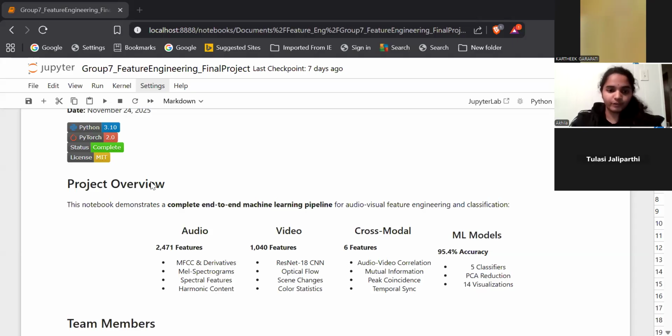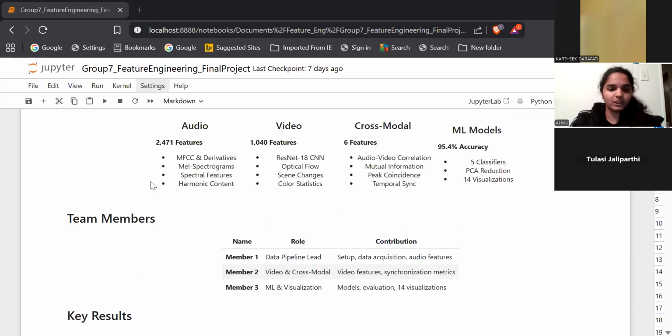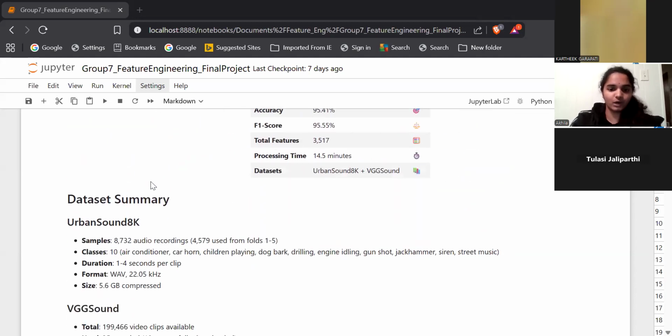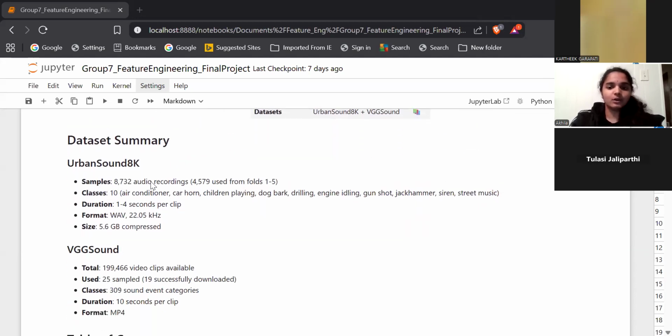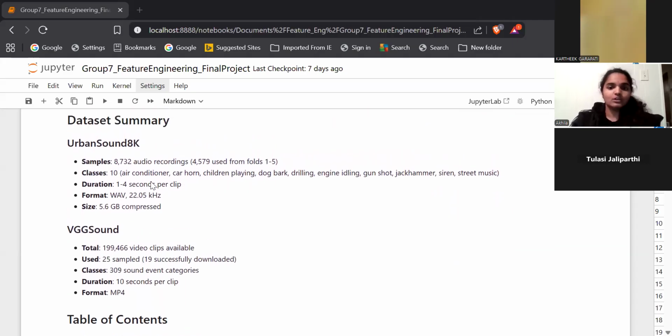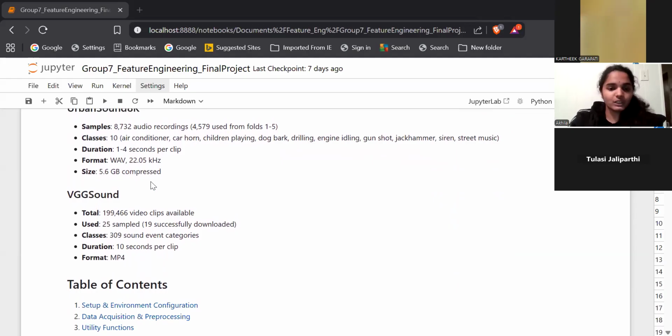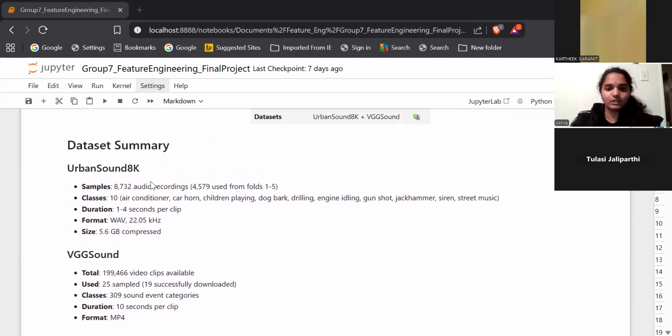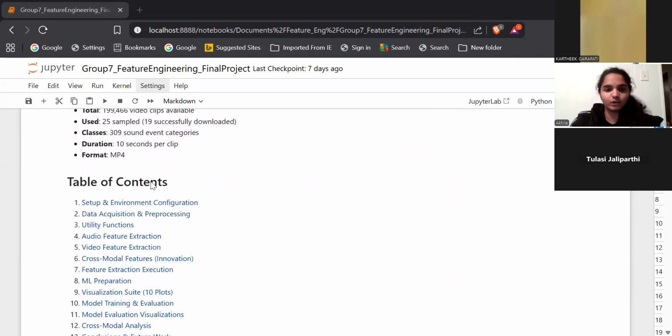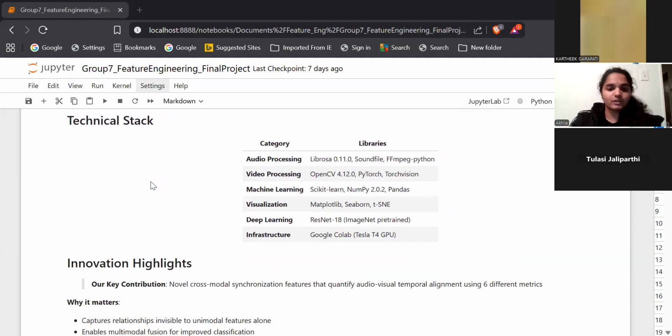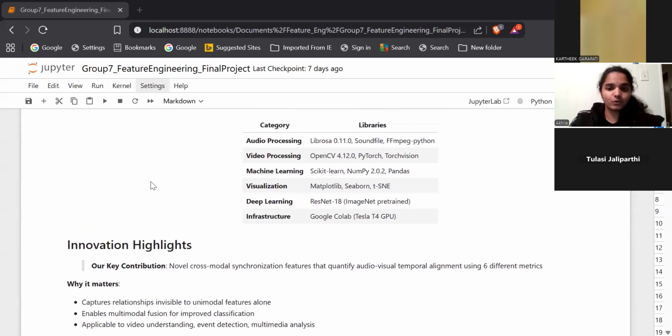So, the first section is the foundational implementation before diving into our structural analysis. Let me explain the core implementation that powers everything in the project. We basically built three foundational engines. First, our audio processing engine extracts audio features, standardizes to 16 kilohertz, and computes over 2,471 features per sample, including the MFCCs with delta and delta-delta derivatives.